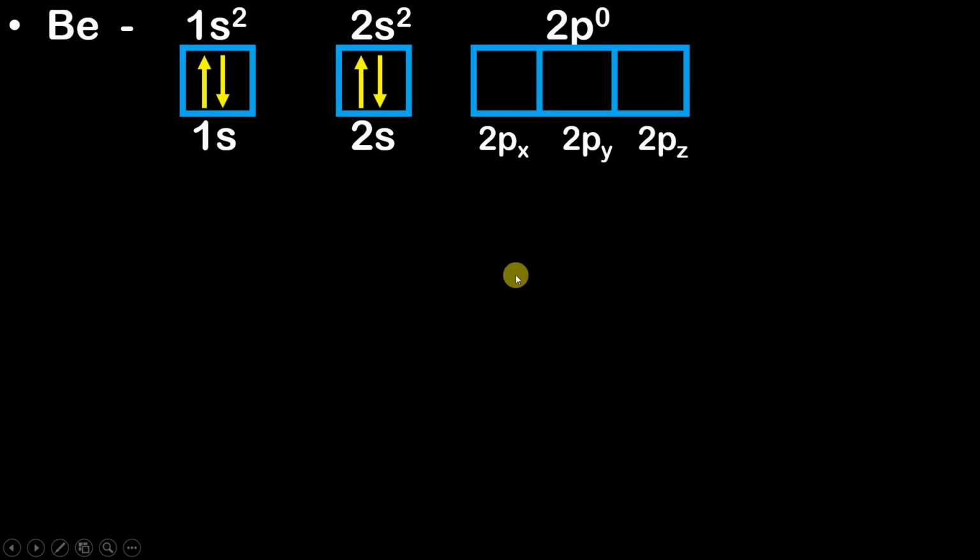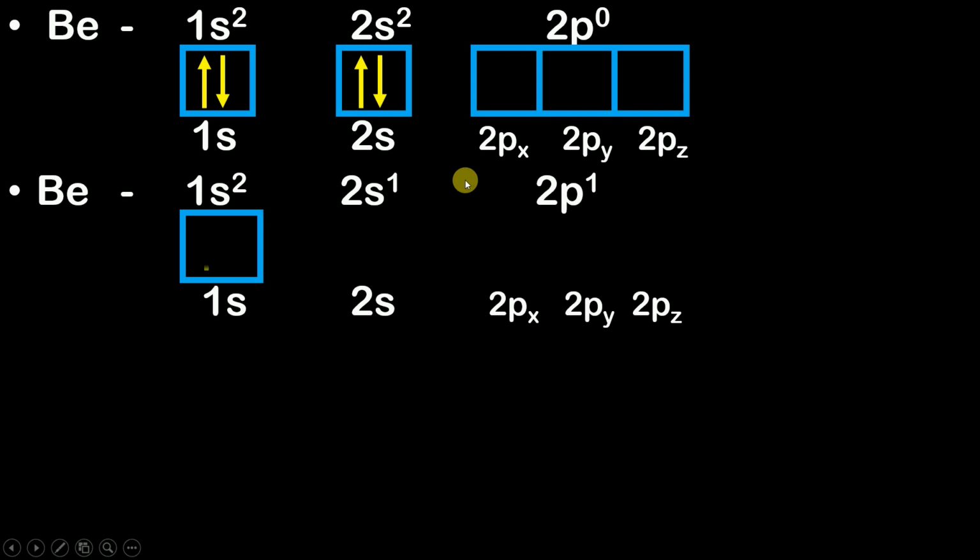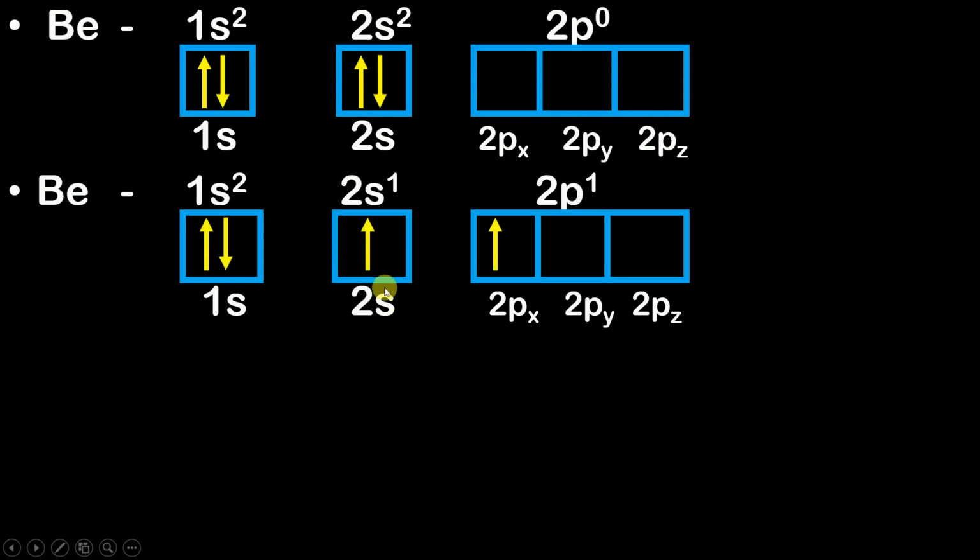Okay. Now, what happens is that one electron from the 2s orbital gains energy and gets transferred to 2px. As you can see over here, one electron from the 2s orbital has now gained energy and transferred to 2px.